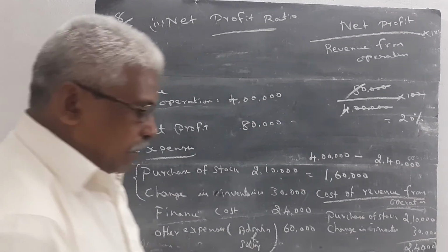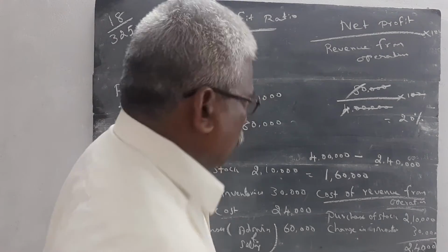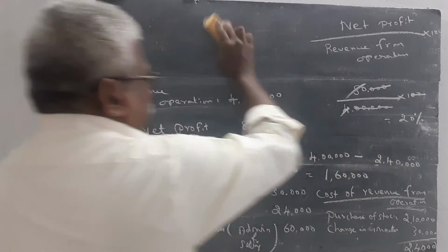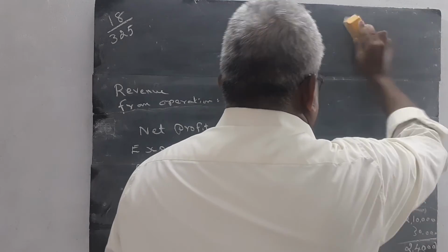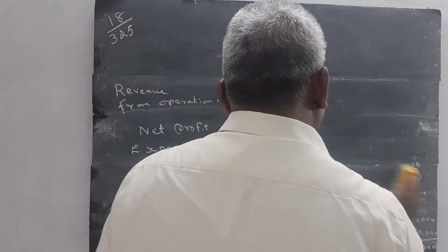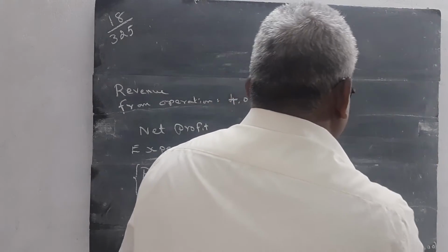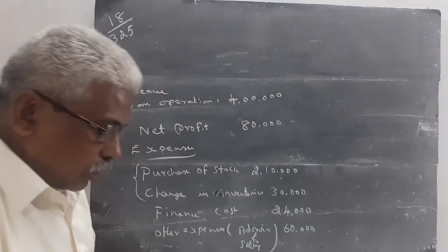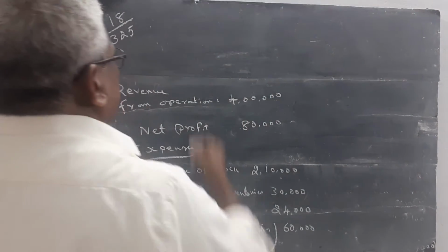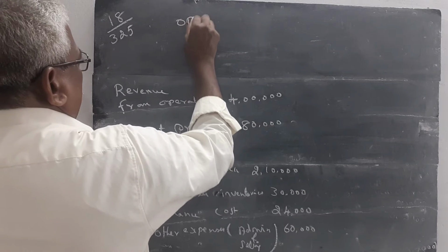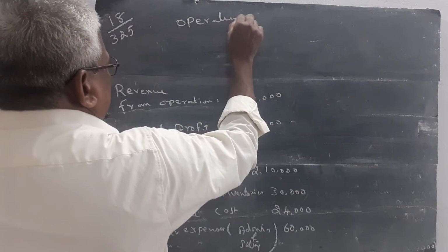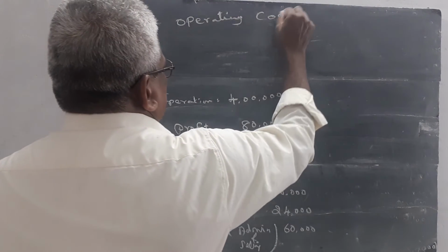Then point number 3, operating cost ratio. How do you calculate operating cost ratio?